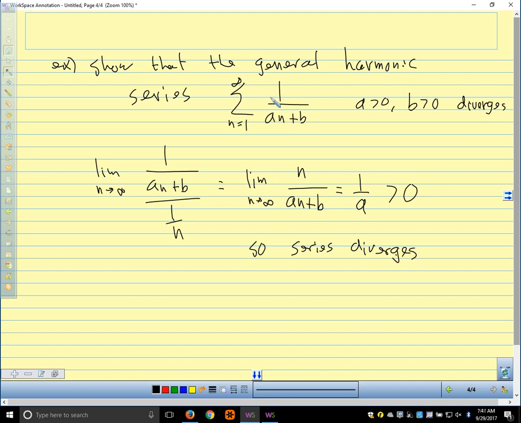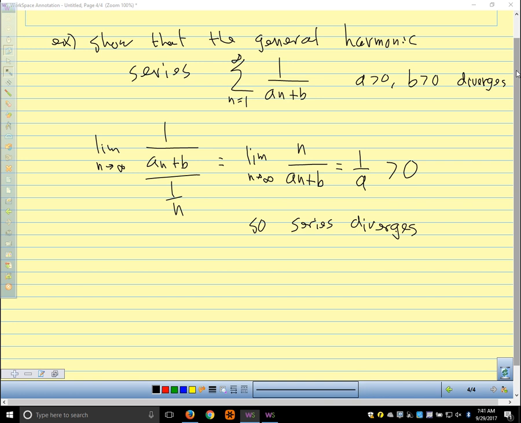Can we use that on a test? I think it's really easy personally. All you have to remember is that the top grows faster than the bottom. The bottom is a divergent series, and the top diverges as well. I don't remember that part of the limit comparison at all.